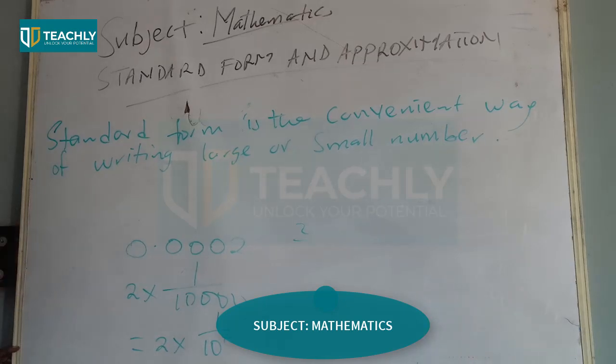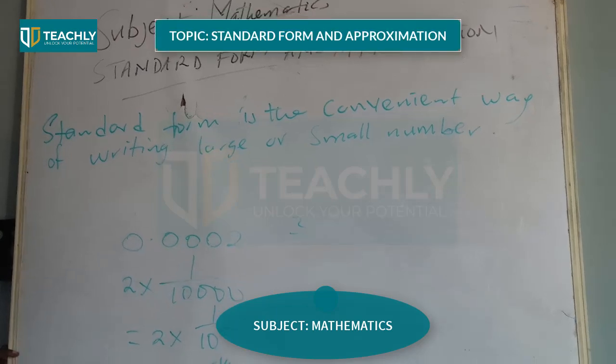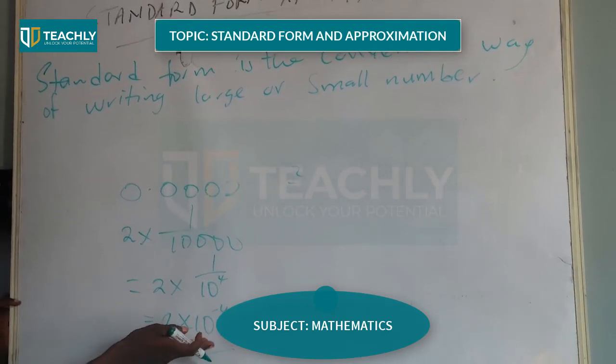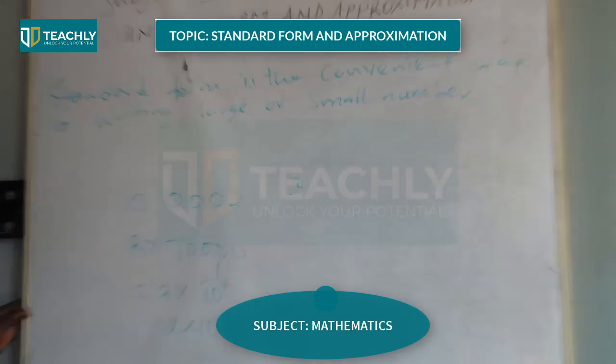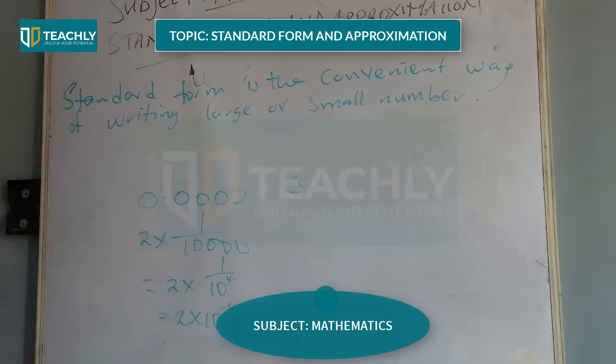So this is also standard form. A very small number can also be expressed as a product with a power of base 10. Either a big number or a small number can be expressed in standard form.